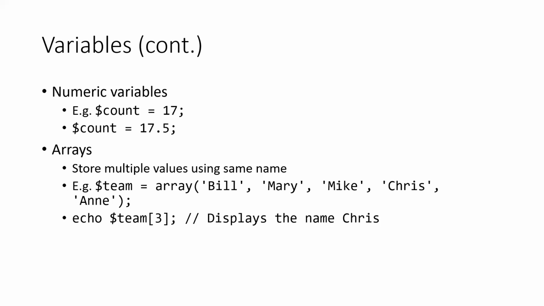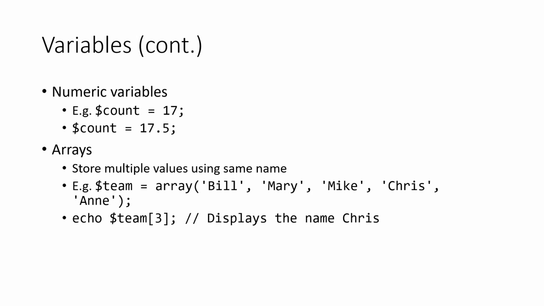Numeric variables are also the same; you can store any value with a numeric variable. The only difference is that if you need to store an integer value, you should not put the decimal point. Otherwise, when there's a decimal point, it will be taken as a float.